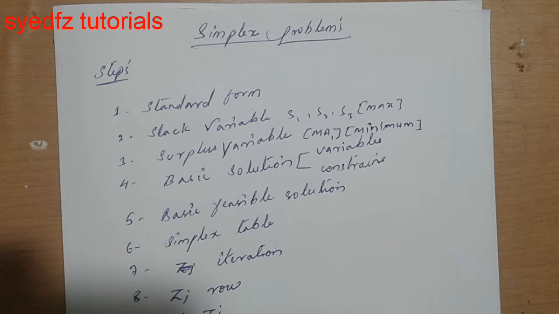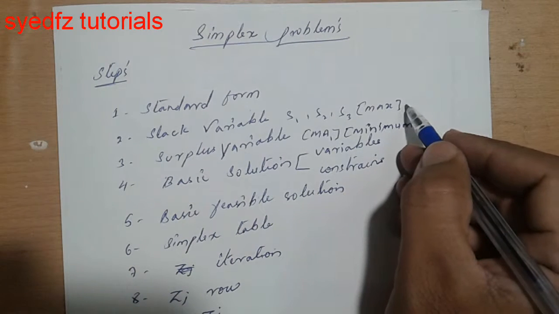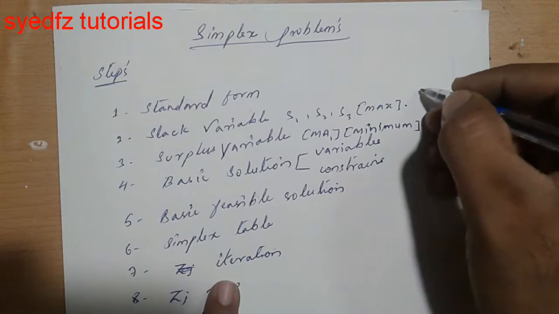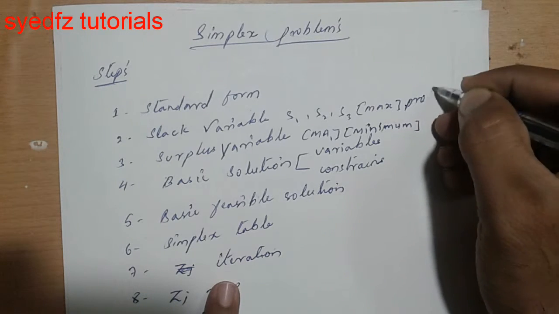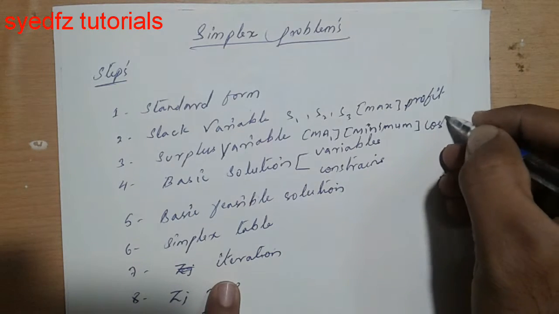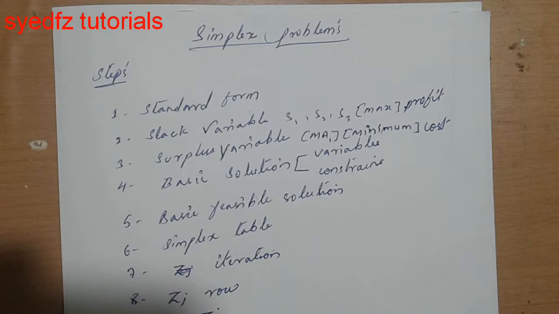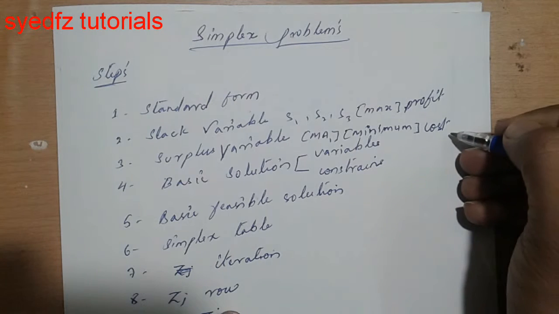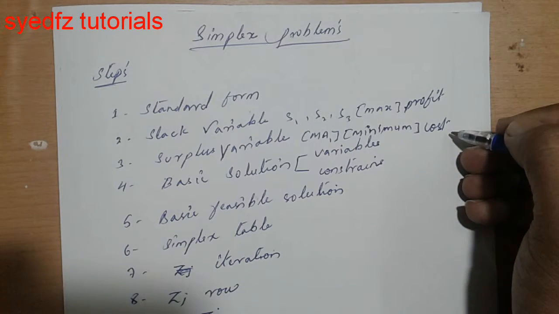Minimum means, if we are doing some experiments or research for the purpose of business, and the problem is given for the purpose of profit, then profit should always be maximized. And what is minimized? Cost always should be minimized. So profit always should be maximized, and cost and expenses always should be minimized.